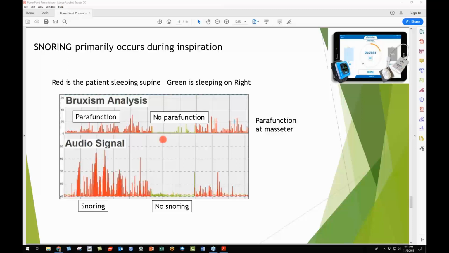When the patient goes to the right side, there's no snoring and really no parafunction, and then they move back to their back, and it just goes again. So this is a case where we can clearly link the airway to the parafunction because it's positional. When you see positional bruxism or positional parafunction, as we see here, it's a pretty easy conclusion to draw.